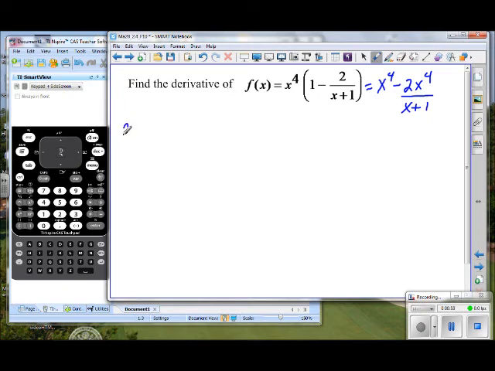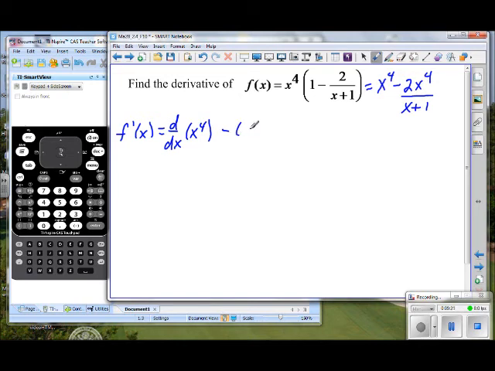Okay, so let's look then at our derivative for this function. We've got the derivative with respect to x of x to the 4th, and we'll call that a standalone function, minus, and when we get over here, we're going to have to use the quotient rule. So here we go.